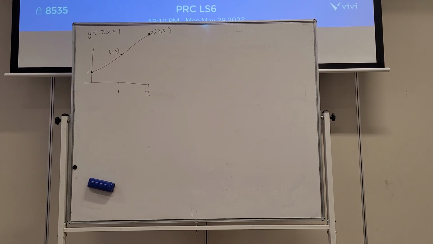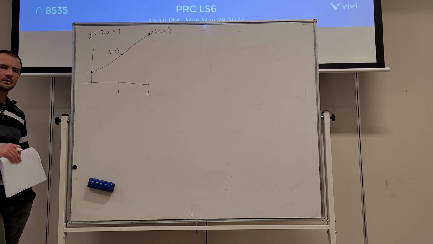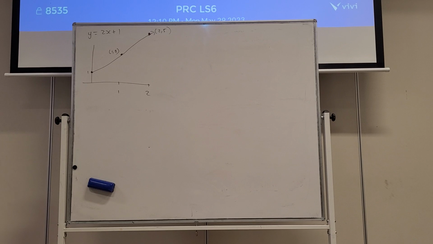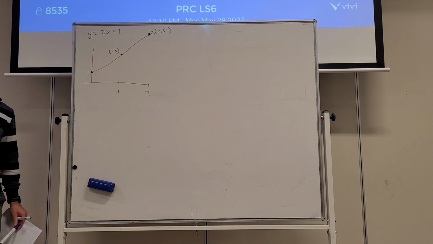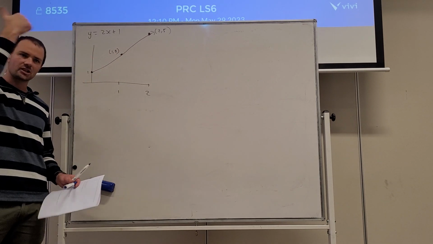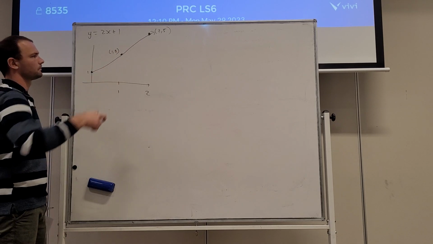Okay, part B is find an approximate area using 2 upper and 2 lower rectangles. So we're going to start with the lower rectangles, okay? What we're doing is dividing the area under this function into 2 rectangles that provide an indication of roughly how much area there is under the curve.